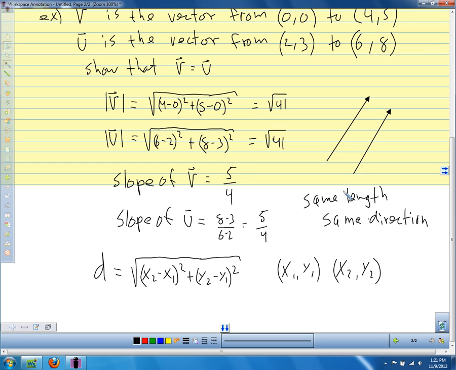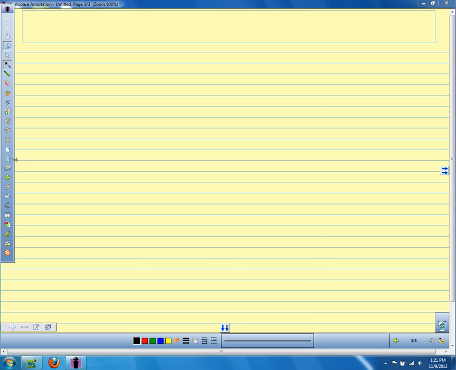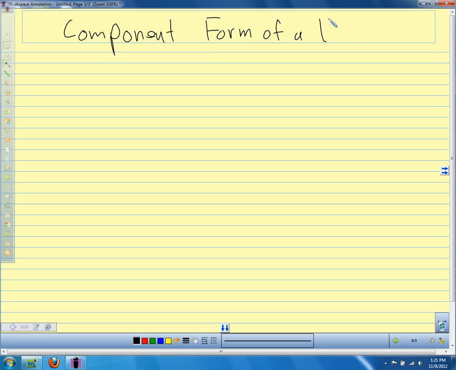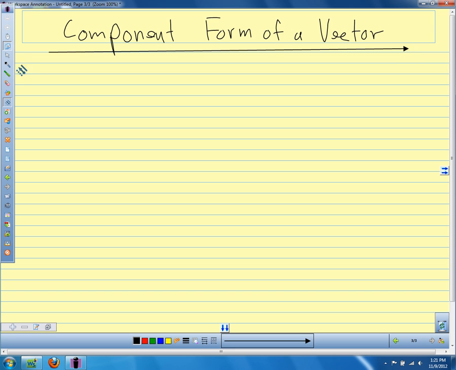All right. The next thing we want to talk about is the component form of a vector. And this is how, a lot of times, vectors are going to be more useful. So with the component form of a vector, we're thinking about part of it pointing in the x direction and part of it pointing in the y direction. So we're just breaking it down.